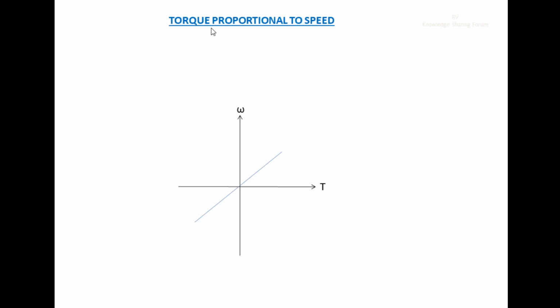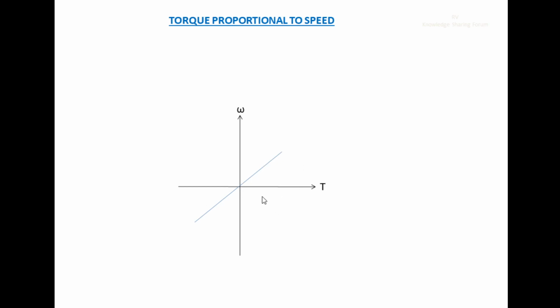Second one is torque proportional to the speed. Torque proportional to the speed means if speed increases, torque also increases. See here, speed is increasing in the vertical axis, and at the same time, proportional to the speed, torque is also increasing in the horizontal axis.